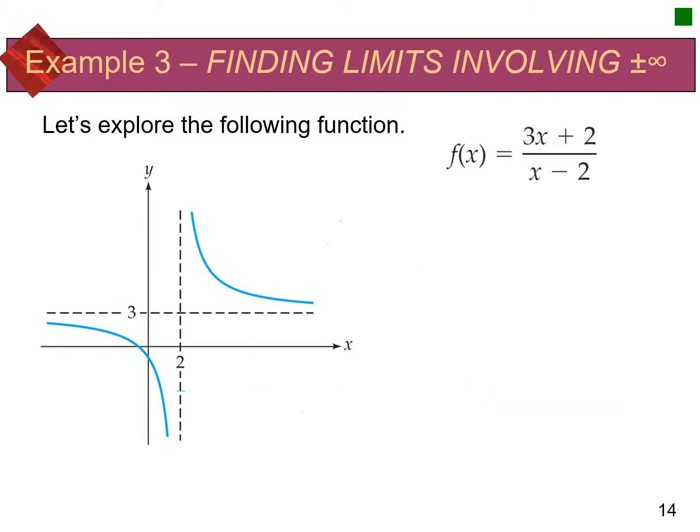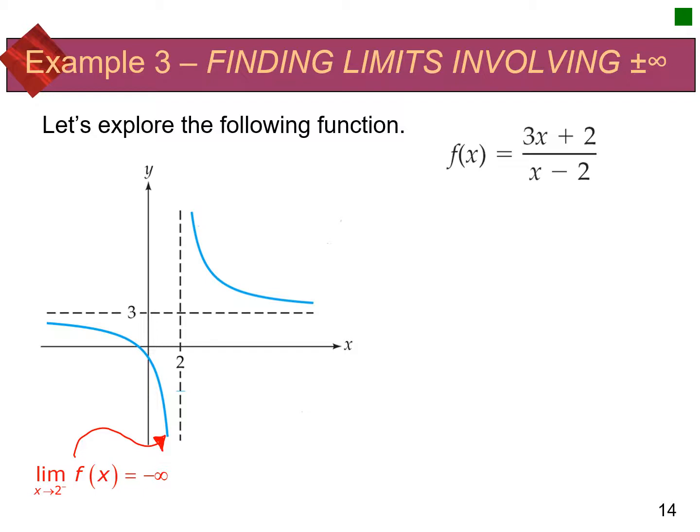Now, other circumstances are, okay, a situation like this. We can see we have a vertical asymptote of x equals 2. And I can see here that as x approaches 2 from the left-hand side, f of x approaches negative infinity, which means, as I get closer and closer to 2 from the left, I expect the y value to become ever more negative and, just bigger quantity-wise, but very negative at that point.